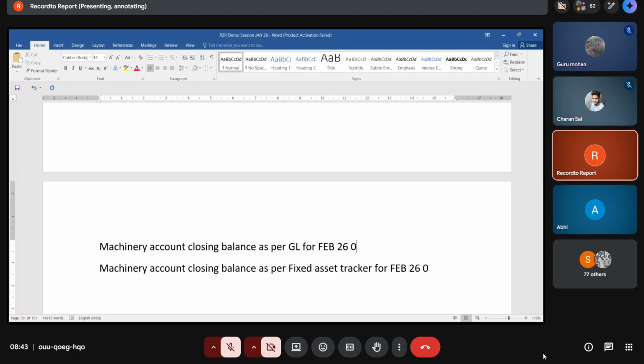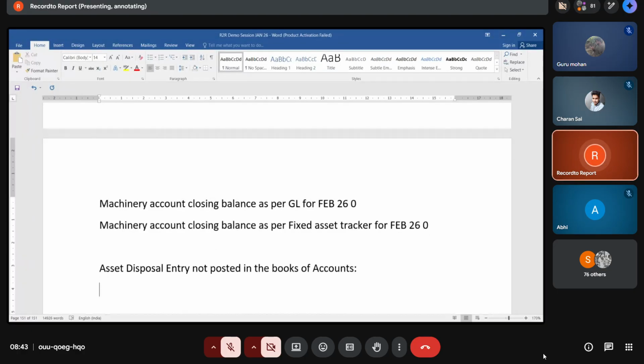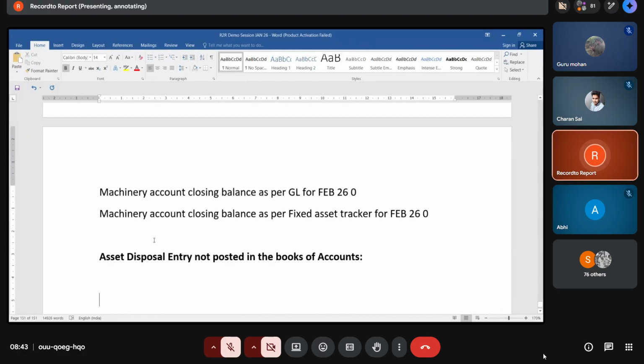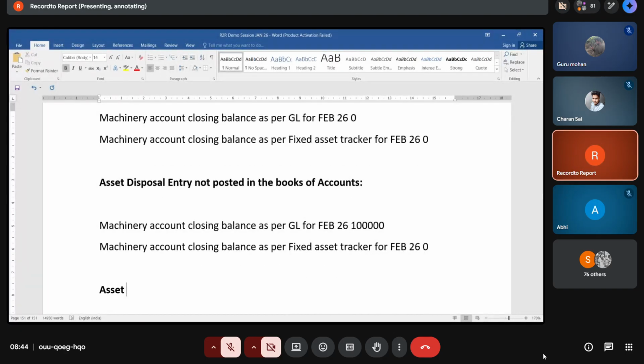The next is asset disposal entry not posted in the books of accounts. Assume the same example. The asset becomes zero. Assume the asset was purchased for 2 lakhs.